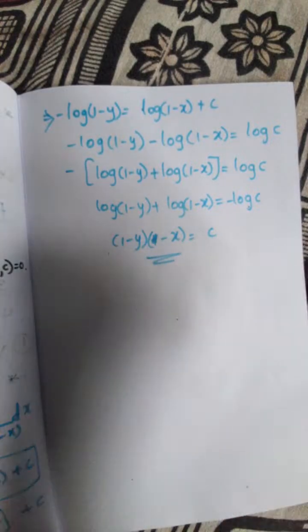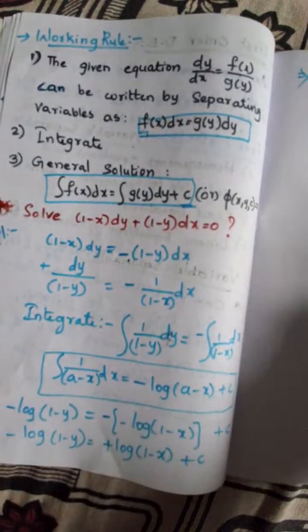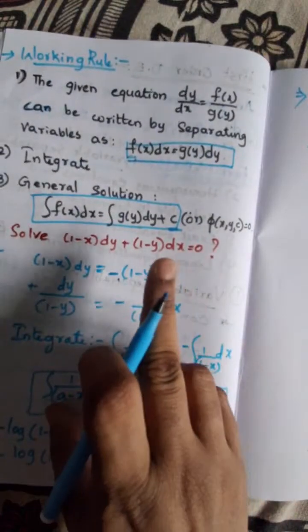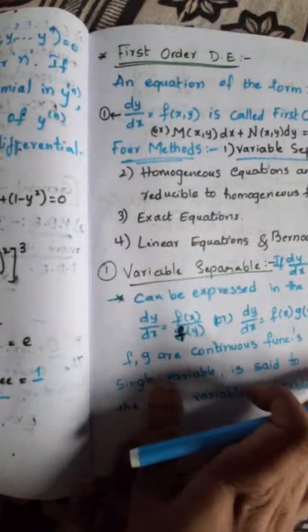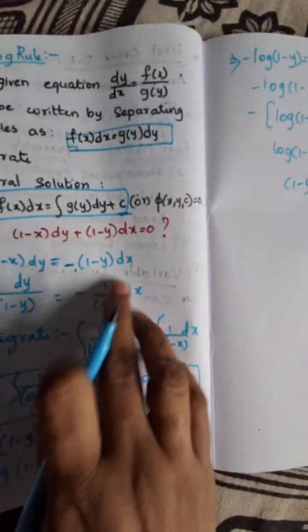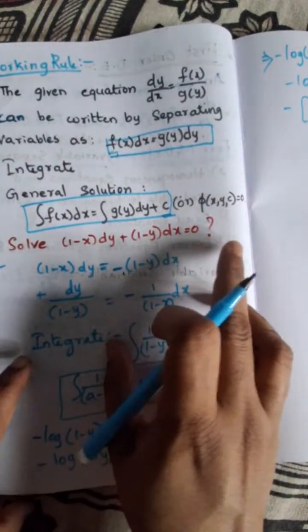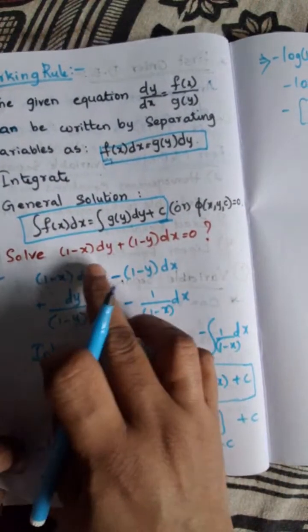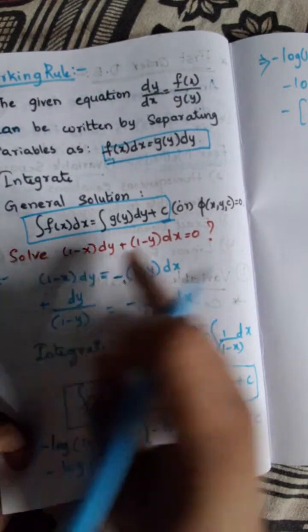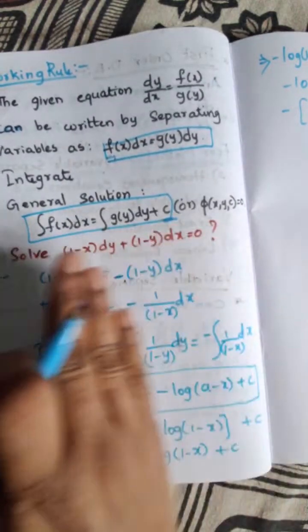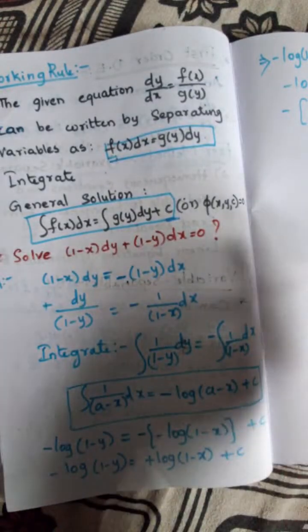This is how we have applied the formula, and we have applied the variable separable method given in the question. If it is given in the question, we have to solve by variable separable. If not, we have to observe the given question: y terms and x terms, we have to separate y terms and x terms to differentiate easily.